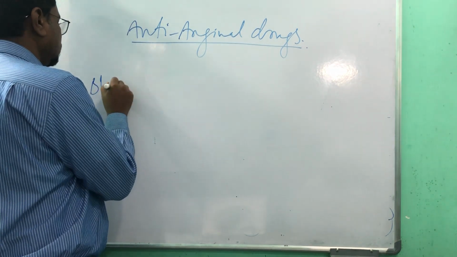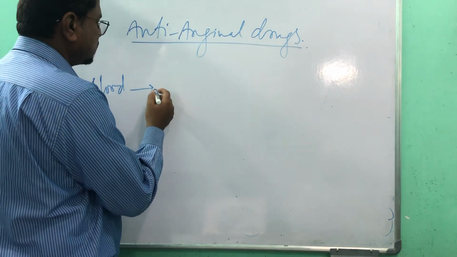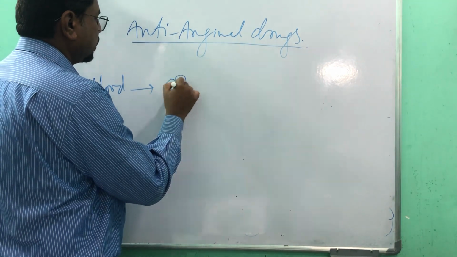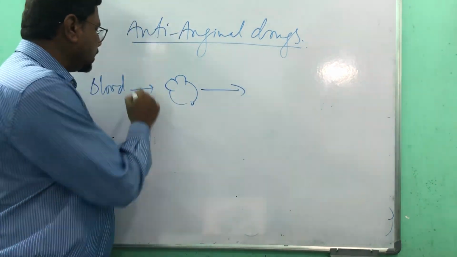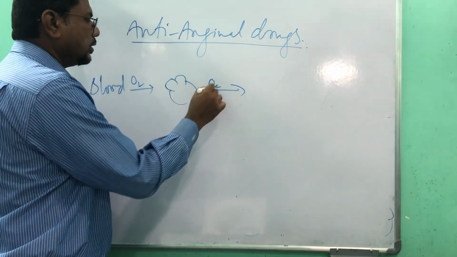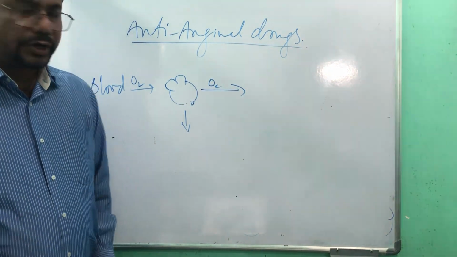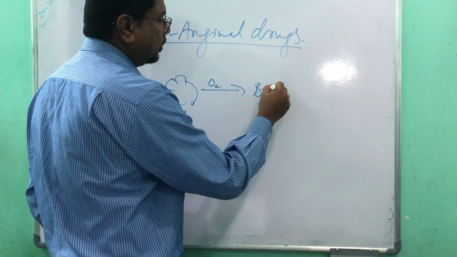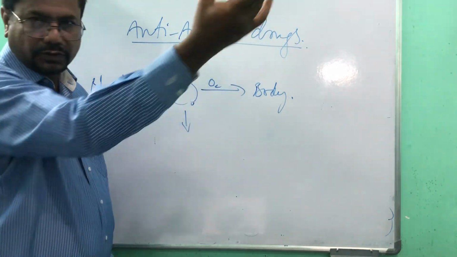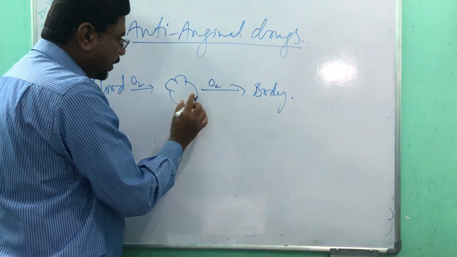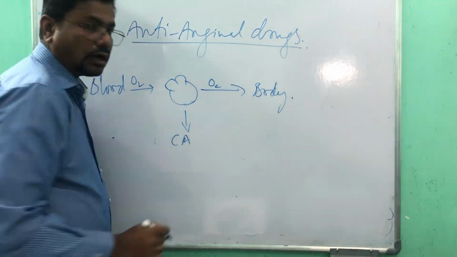Blood from the pulmonary veins comes to the heart, right? This oxygenated blood again will be given to the body, all parts of the body. The heart pumps and delivers. Same way, the heart pumps and delivers to the coronary artery also.